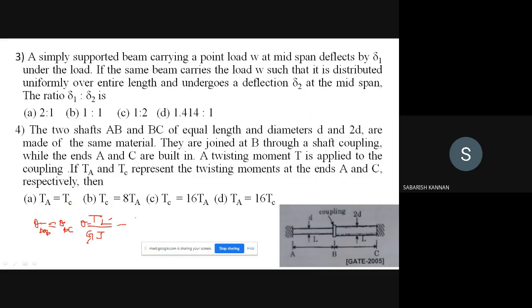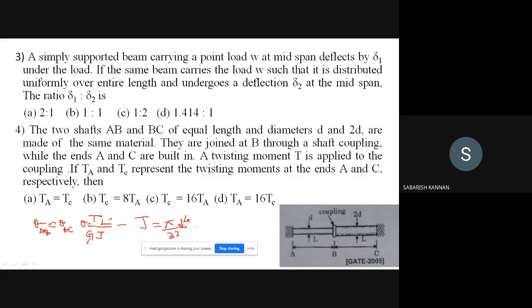For circular, J equals pi divided by 32 d power 4.